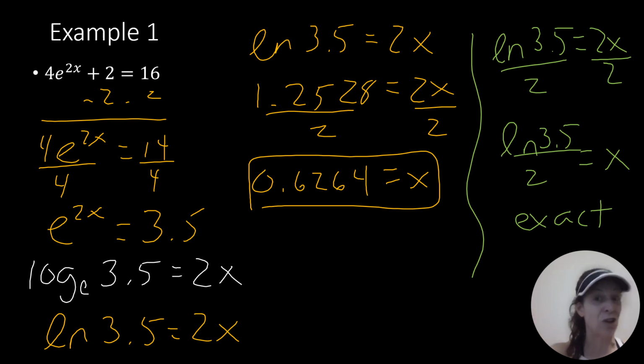It's the natural log of 3.5 divided by 2. So you would just leave that. In a lot of ways, the exact answer is easier because you don't have to grab your calculator. You don't have to put anything in. You don't have to round it. You can just leave it as is. But sometimes students are thrown off a little bit by the directions on that. Like, oh, what do you mean exact? So that's what that means: you just avoid the step that has the rounding.